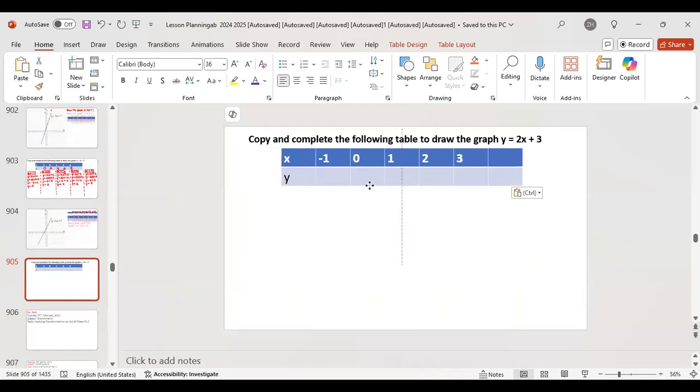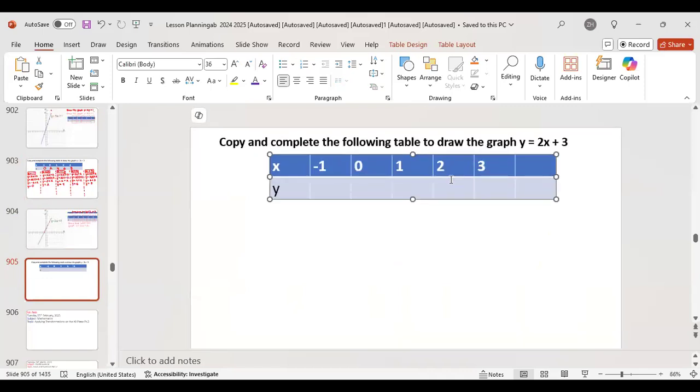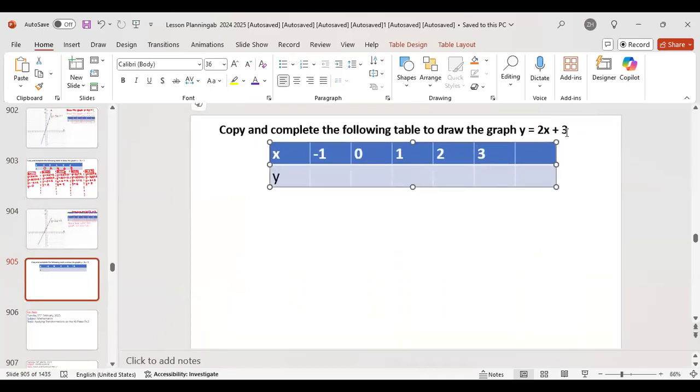This is our grade exercise. Use the equation 2x plus 3 to answer these, to fill in, or to complete, the table. All right?